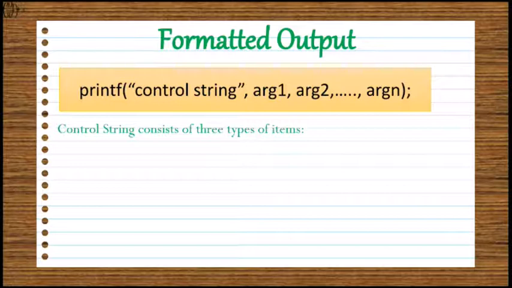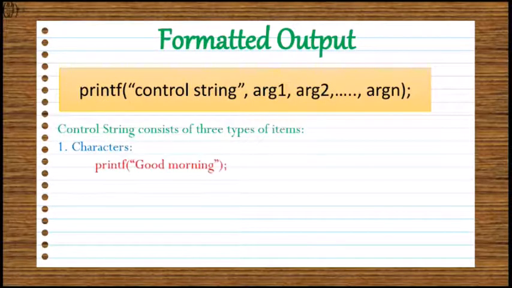The control string consists of three types of items. First one is characters that will be printed on the screen as they appear. So whatever you write as control string in the printf function, it will print on the output screen.